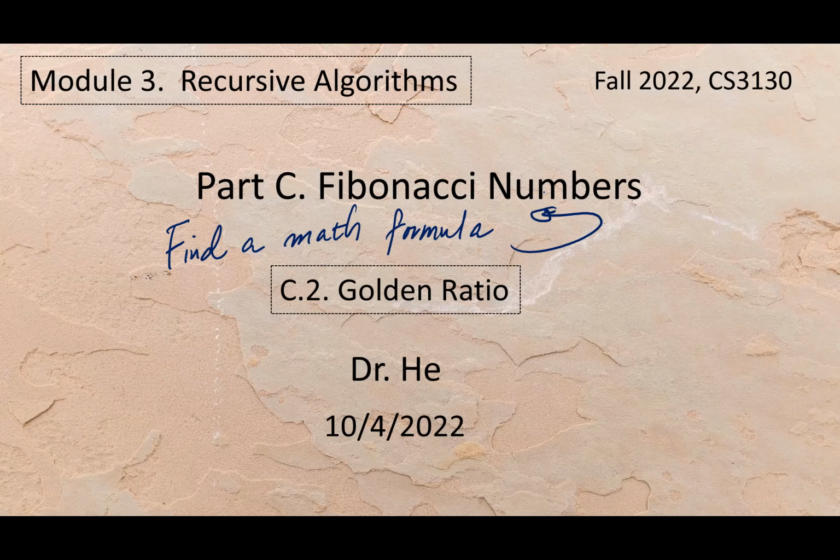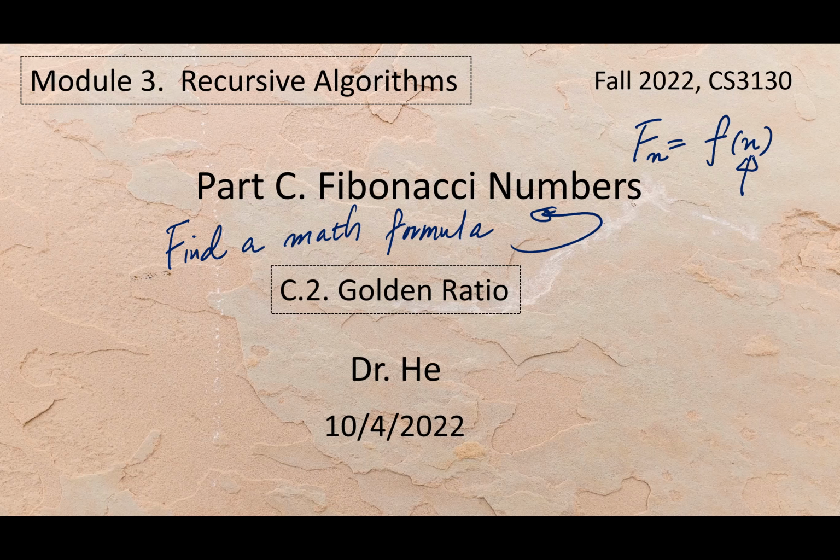You can imagine f sub n equals, for example, some function f of n. Here, let me just use the lowercase m. When you are given an input number m, you just plug it into that formula and do some calculation, then you find the answer immediately.